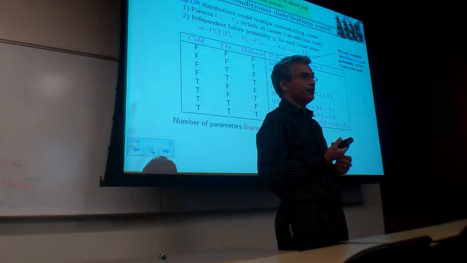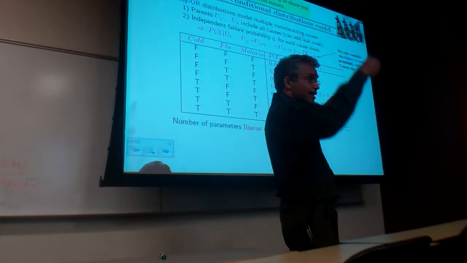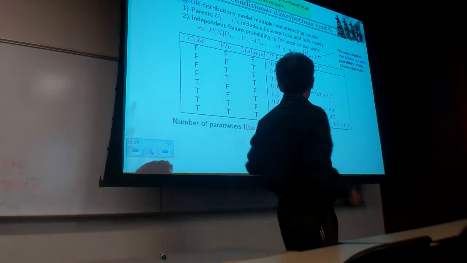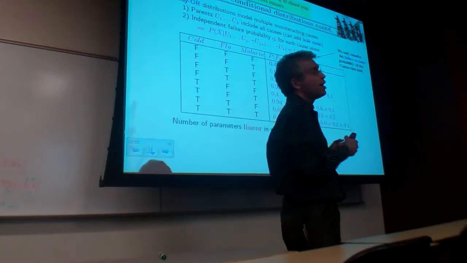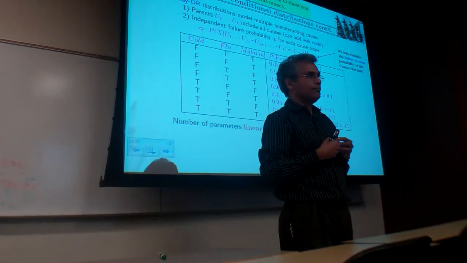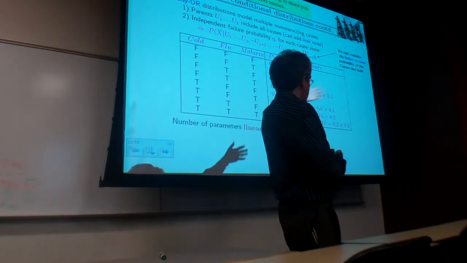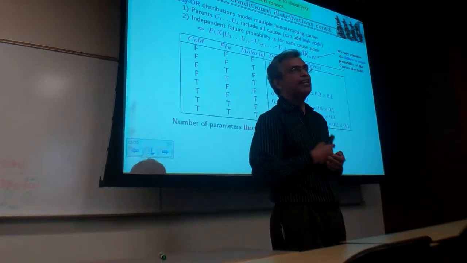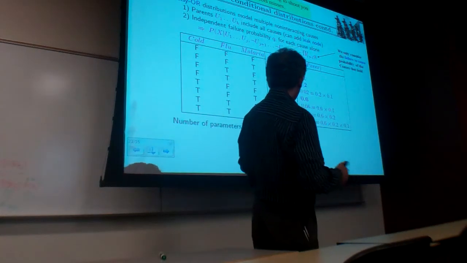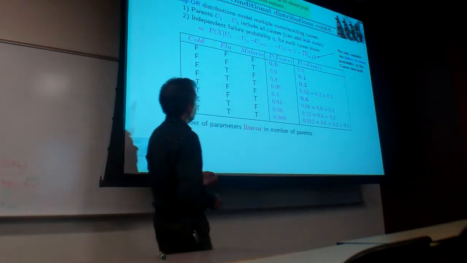That's what you're trying to capture. So in your network, fever has as its parents cold, flu and malaria. To give the CPT, I need to give all these numbers, which will be 8 of them.